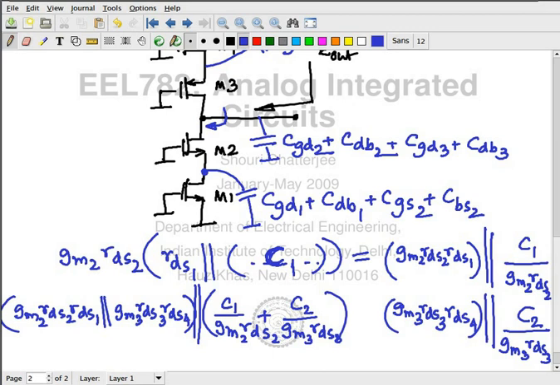Is this okay so far? So from outside, basically you are seeing a resistor and a capacitor. You are also seeing that output capacitor. Okay, so you add that capacitor to this existing capacitor. So you see one resistor and one capacitor, and that gives you just one pole.